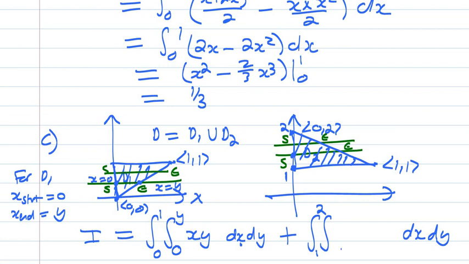The function is still xy. X starts at the value 0, and now it ends on this curve. And the equation of this curve is x equals 2 minus y. So this is 2 minus y. And now you have written it as a sum of two iterated integrals.